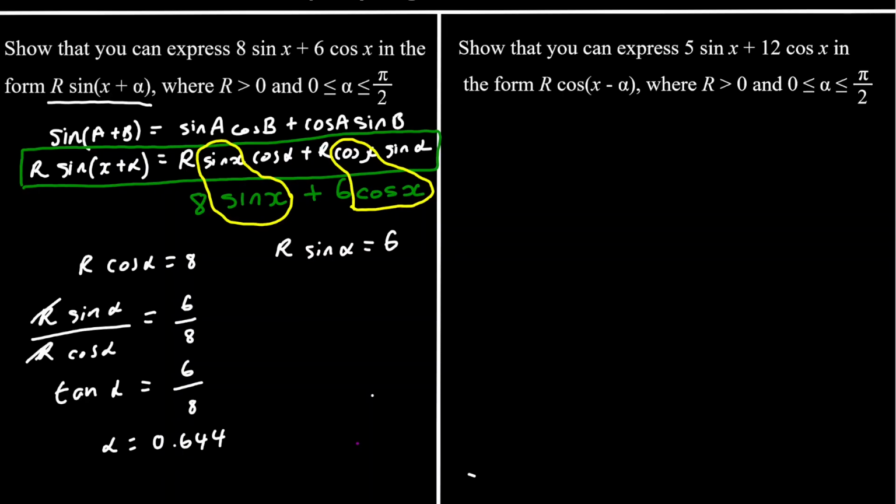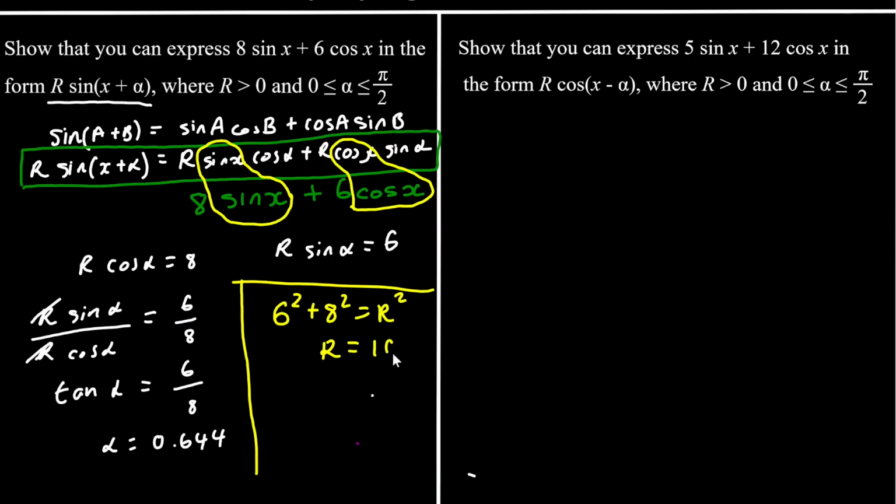To find r, we use Pythagoras. I'll do it first, and I'll show you how it works after. So it is simply a squared plus b squared equals c squared. 6 squared plus 8 squared equals r squared. That's a 3, 4, 5 triangle. 36 and 64 make 100.